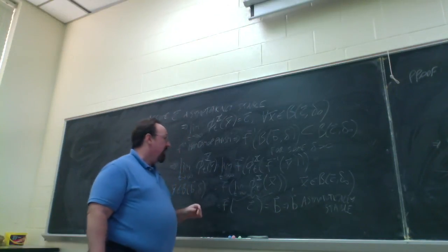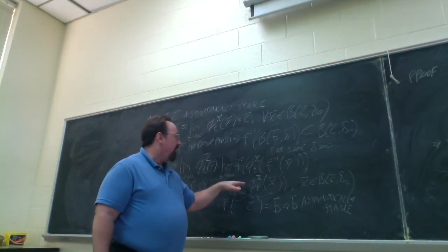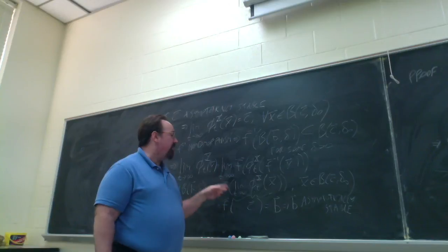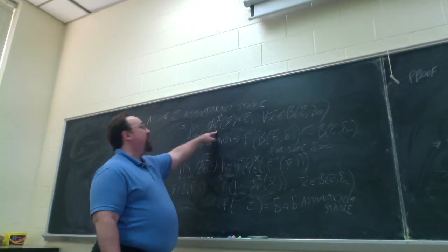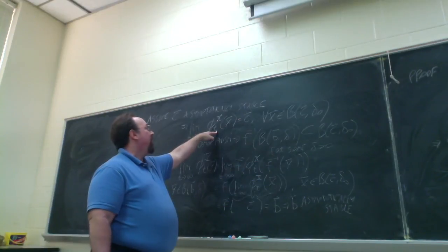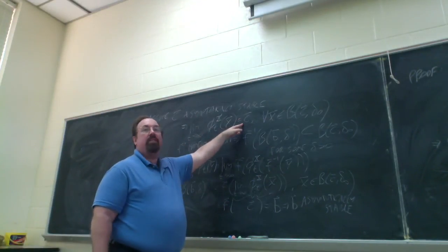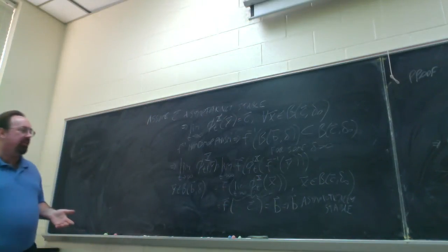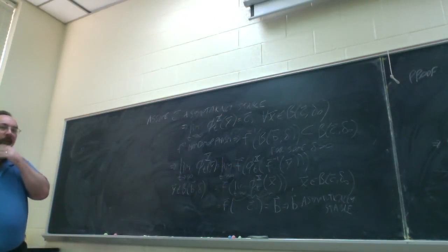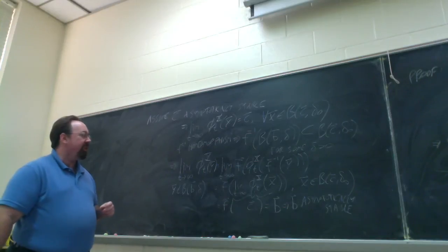Now, because C is an asymptotically stable fixed point, this limit right here is C, so my assumption gives me this. So that's how C falls out of all that. But then f of C is B. So it's B also.